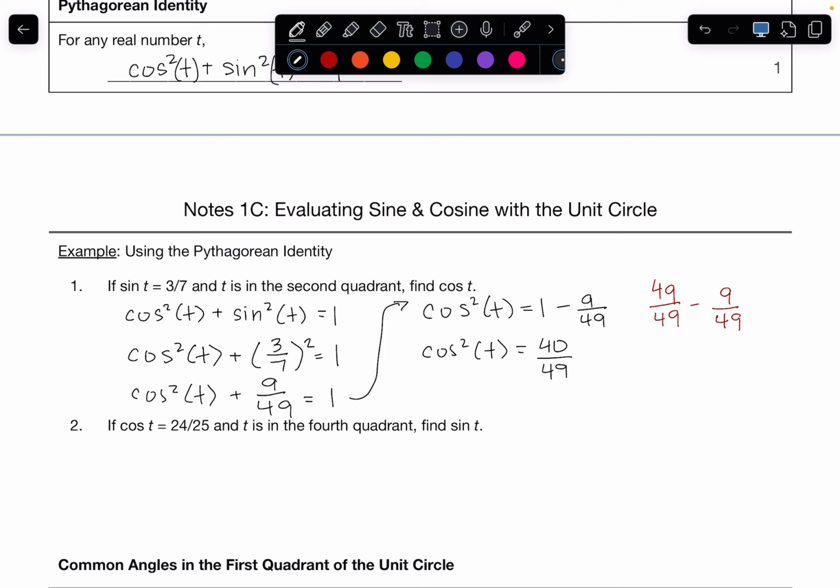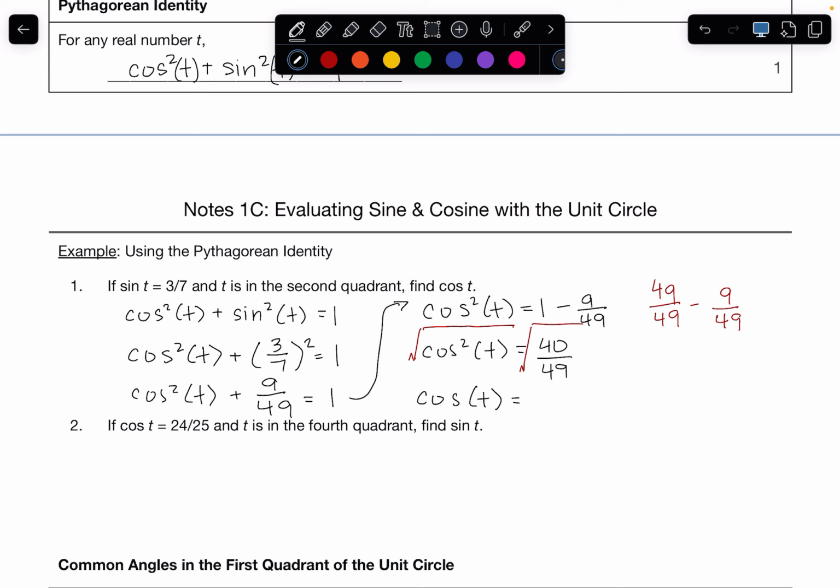Perfect. And I have a question for you. I want to solve for cosine, not cosine squared. How do I undo a square? Square root. Very good. I'm going to take a square root of both sides. So square root of cosine squared, square root of 40 over 49. And I get cosine of t.